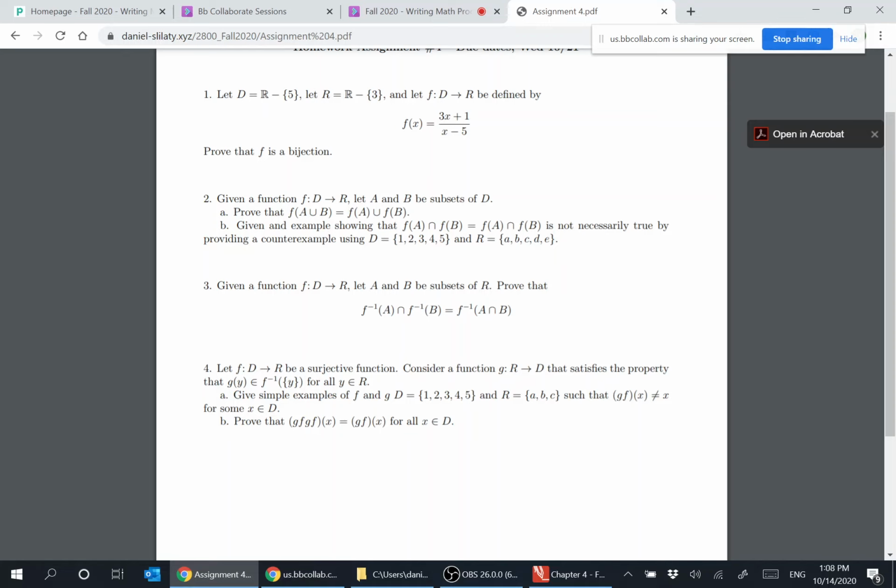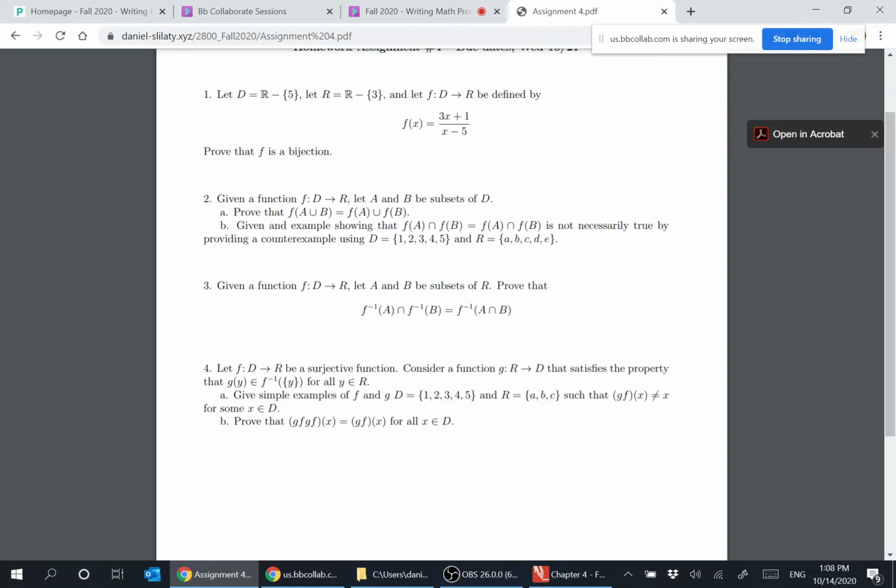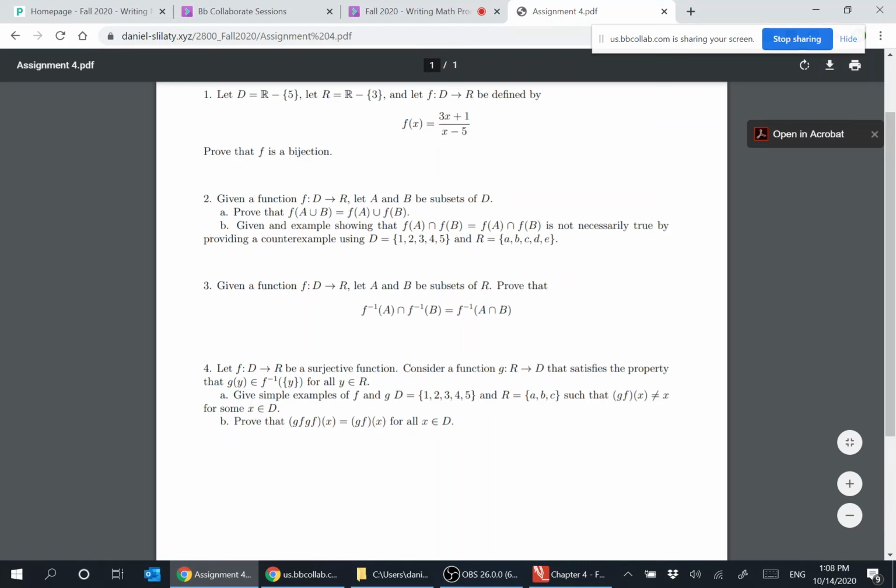It says give an example showing that the image of the intersection of A and B is not always equal to the intersection of the images of A and B. I'll rewrite that. I apologize.